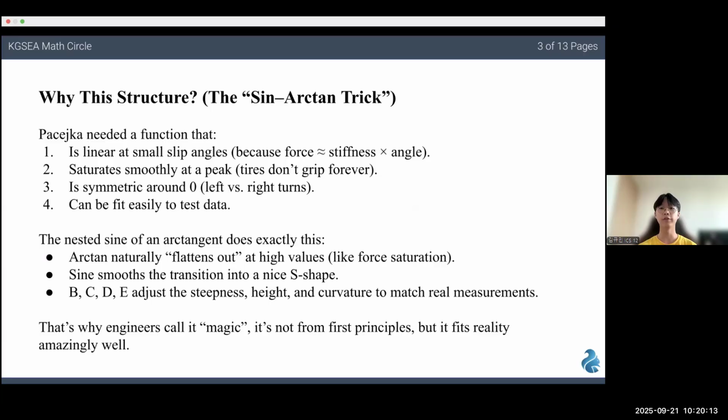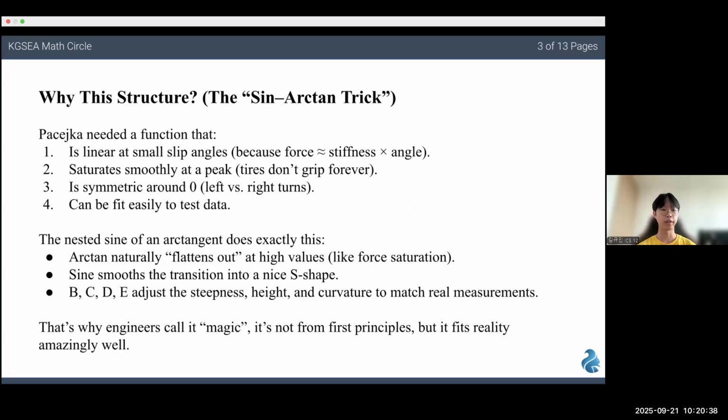And so like all the variables we covered, such as variables B, C, D, E, as well as the slip angles, they are all values that need to be first extracted from actual race data and actual real-life data, and then fed into the magic formula to have the ideal model for that specific tire.